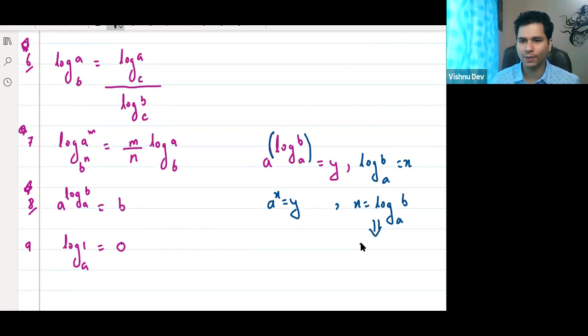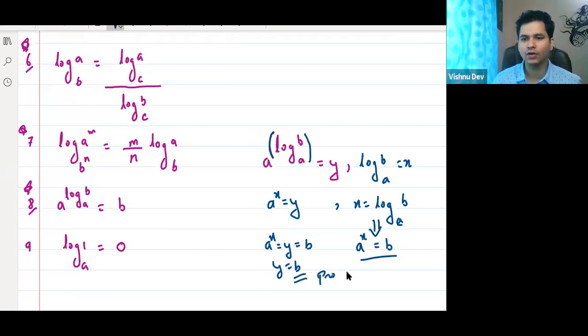It will become A to the power X is equal to B. Base is A, power is X. Now, if A to the power X is equal to B and A to the power X is equal to Y, can I say A to the power X is equal to Y is equal to B. So Y is equal to B. Proved. Got it, everyone?